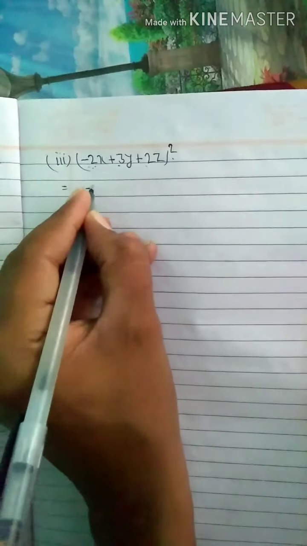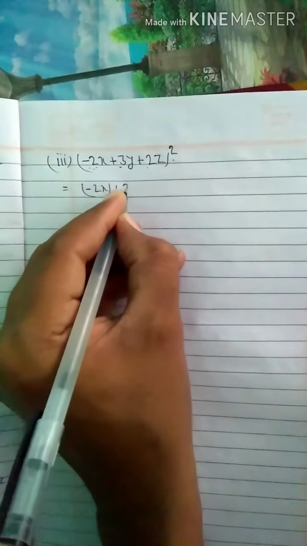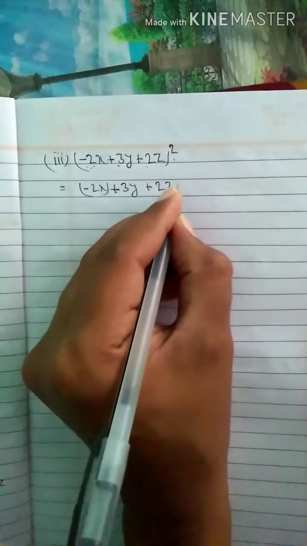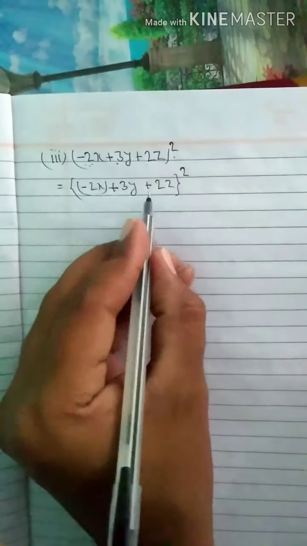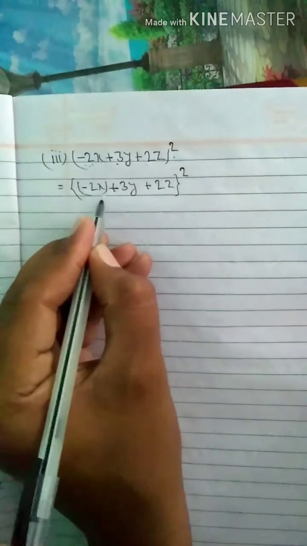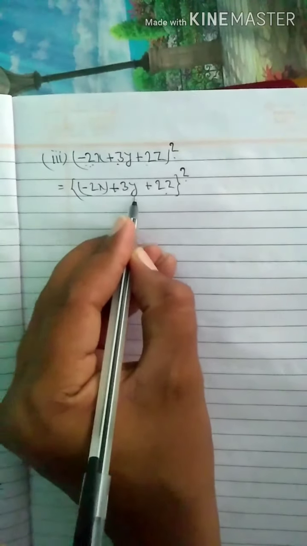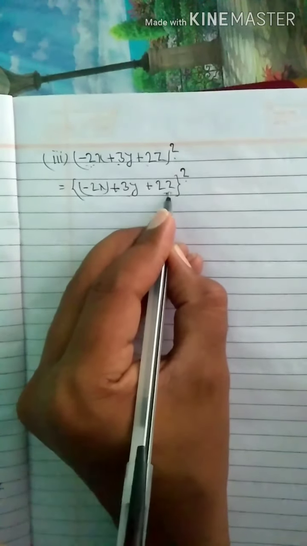So now we can write (−2x) in bracket plus b, 3y, plus c, 2z, whole to the power 2. And now see this is in the form of (a + b + c) whole to the power 2, where a equal to −2x, b is 3y and c is 2z.